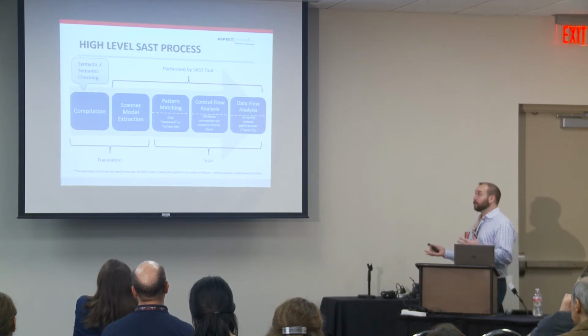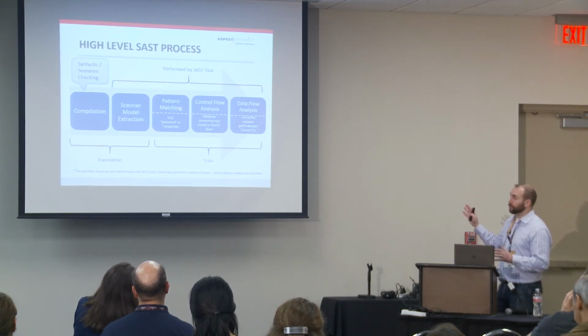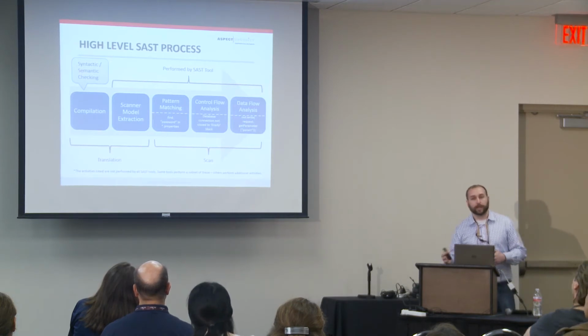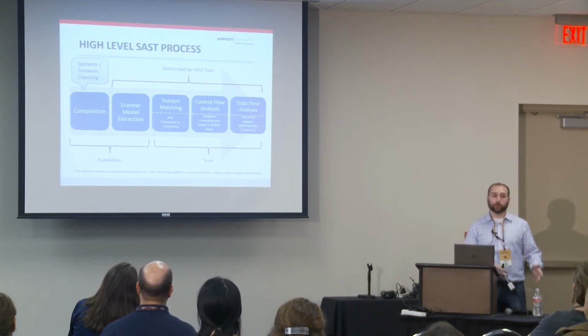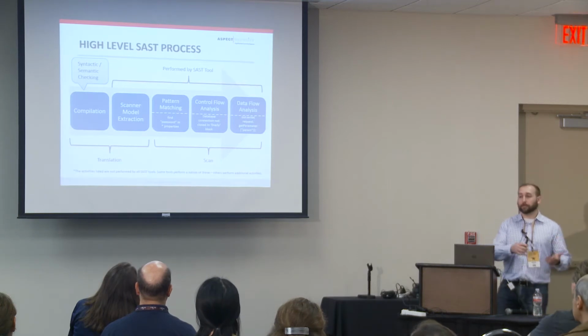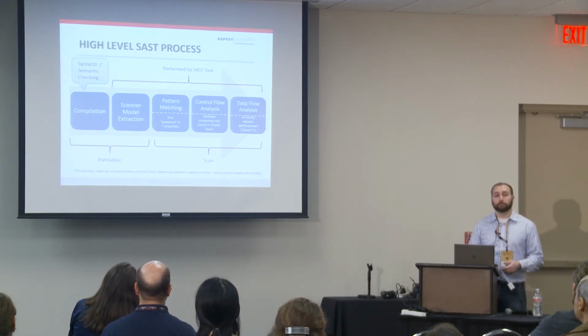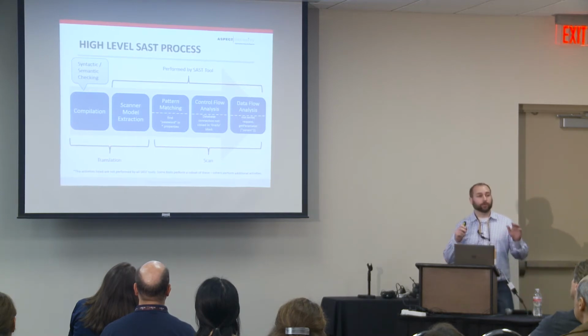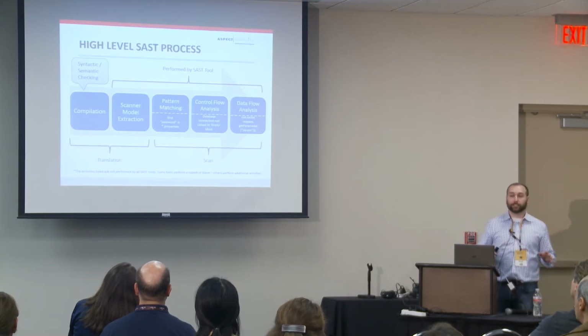So from a high level, this is generally what the workflow looks like, right? You have compilation normally, because most static analysis tools are starting with source code. You can pass compiled code into many of them, but the process will generally be the same. You start with compilation. That handles your semantic and syntactic checking, right?